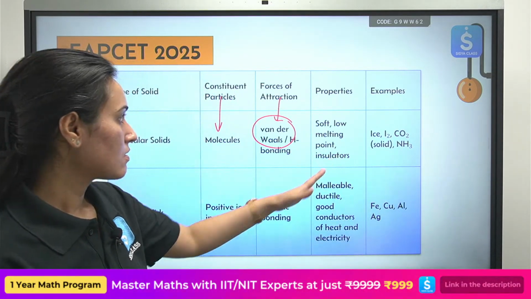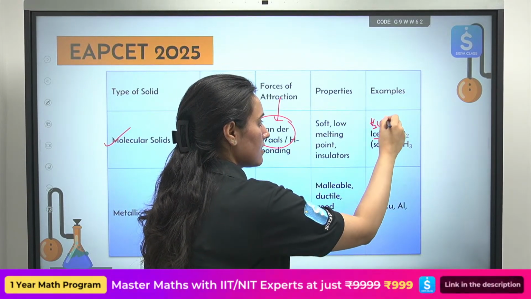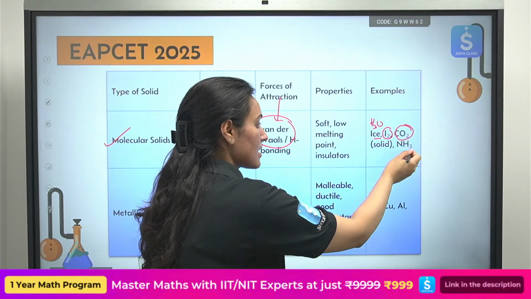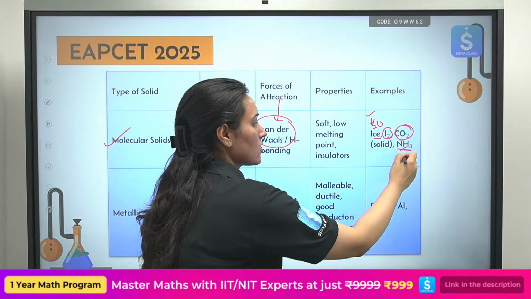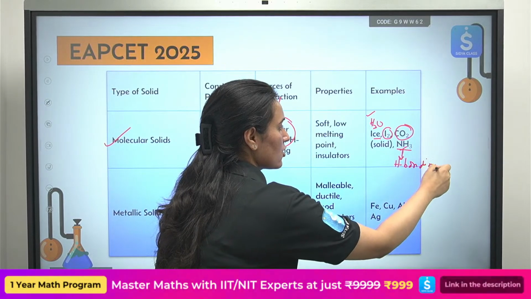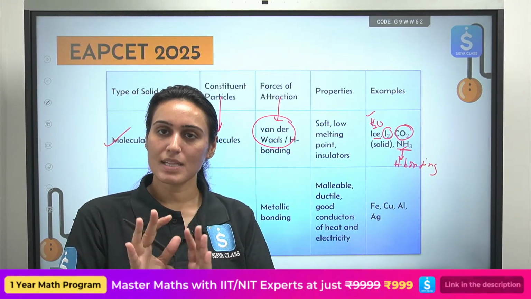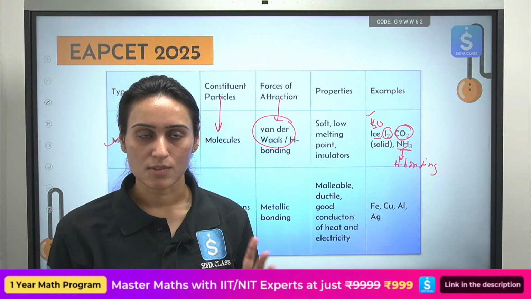So examples: ice, water, iodine, carbon dioxide in solid state, ammonia. Ammonia, water can also show hydrogen bonding. CO2, I2, no. CO2 and I2 will be linked by weak van der Waals forces of attraction. Don't say hydrogen bonding in that case. Okay, I'm going to write it.